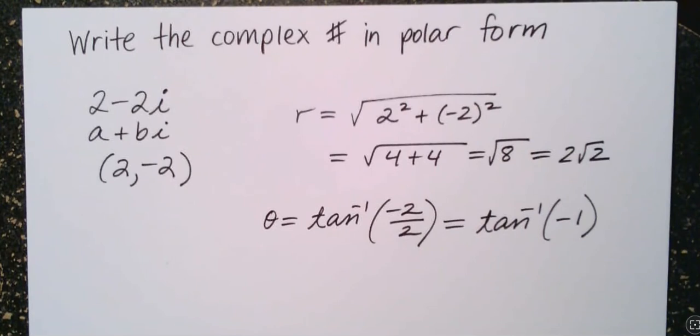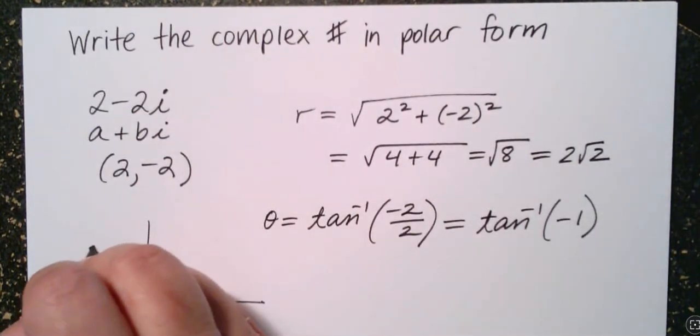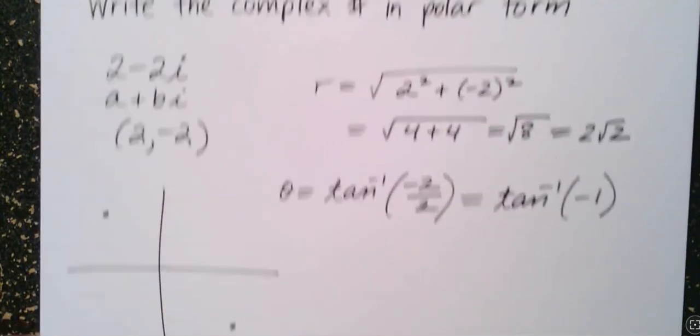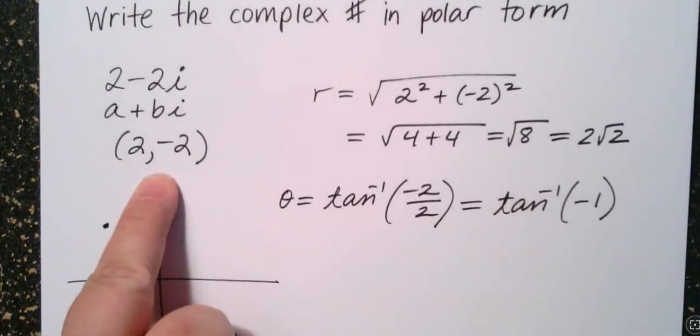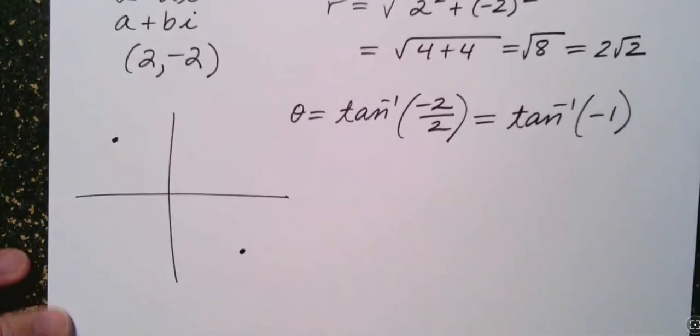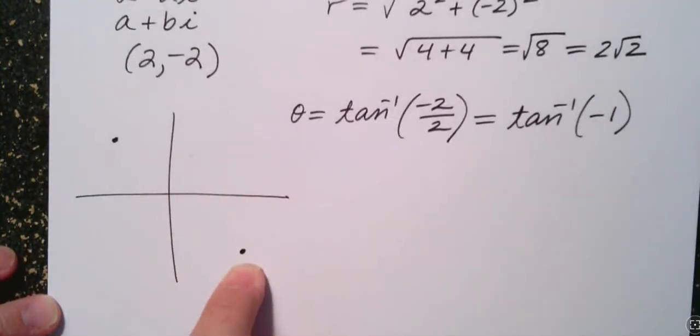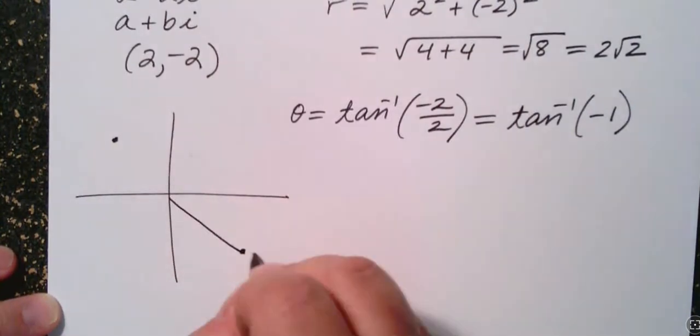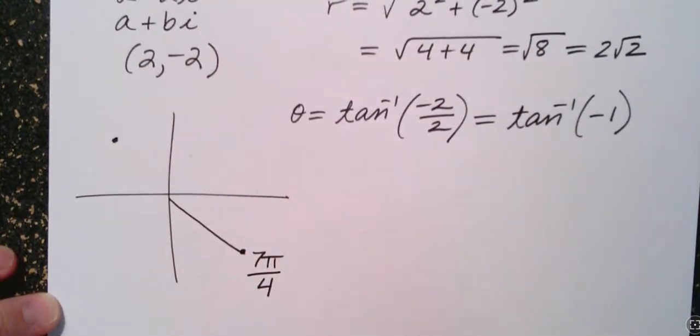There are two places that tan has a value of negative 1. So tan is negative 1 right in the middle of the second quadrant and also right in the middle of the fourth quadrant. So I have to think about where this one is. It's to the right and down, so it's right in the middle of the fourth quadrant, which is at 7 pi over 4.